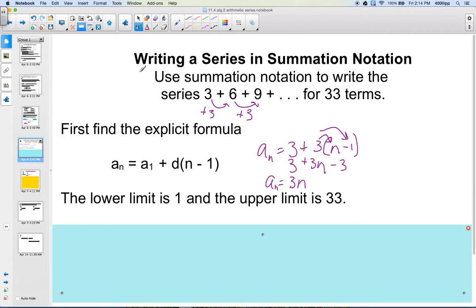Okay, so now we can actually find that our lower limit, we're going from the first term all the way up to, it says, the first 33 terms. So the upper limit will be 33.